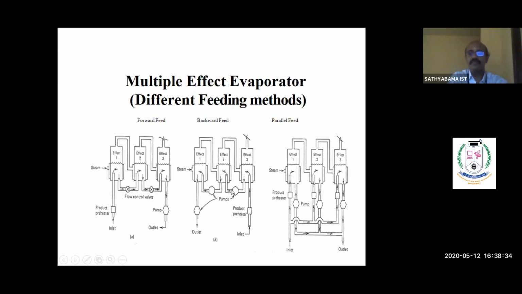So because of that, we are utilizing a pump in the second and third effect. So from that, we can recover the final product from the last effect. Then in parallel feed, the thick liquor that is produced from each and every effect can be consolidated to form the final product. So that is the difference between forward feed, backward feed, and parallel feeding arrangement.